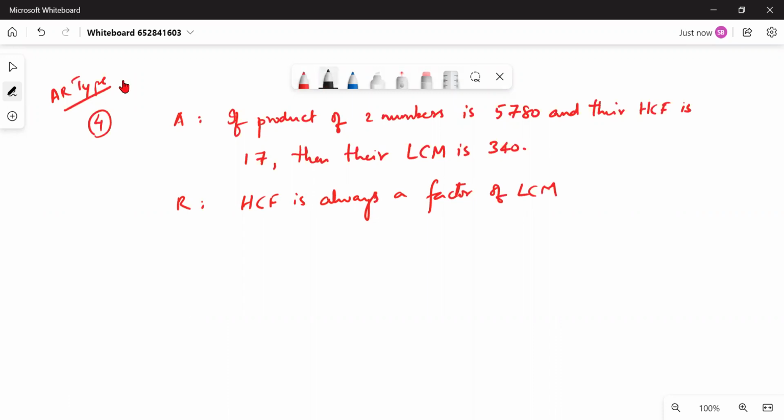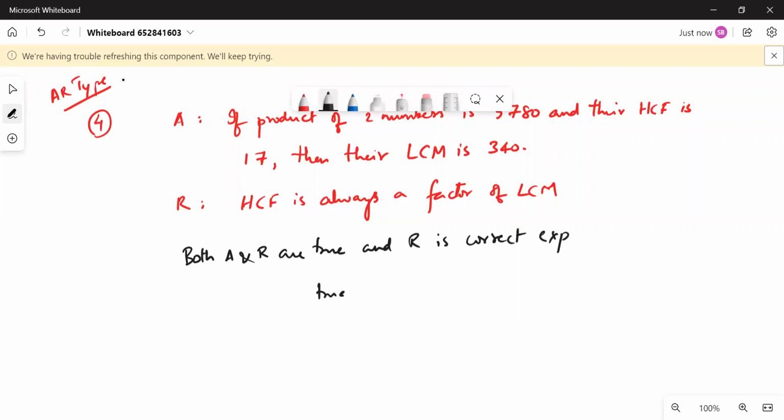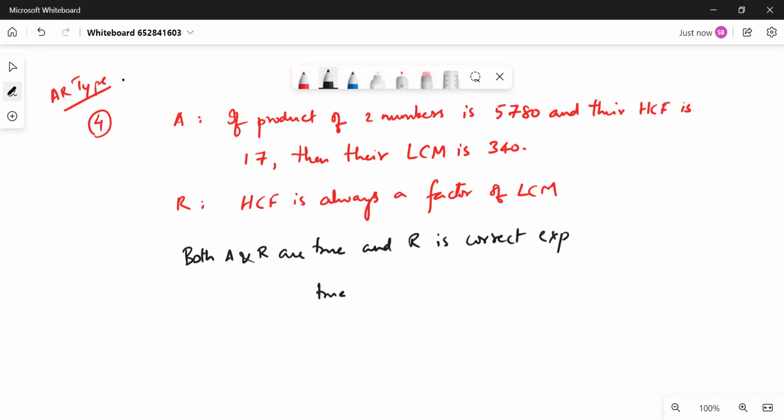Now you know the options they will give. Both A and R are true and R is the correct explanation. Both A and R are true and R is not the correct explanation.